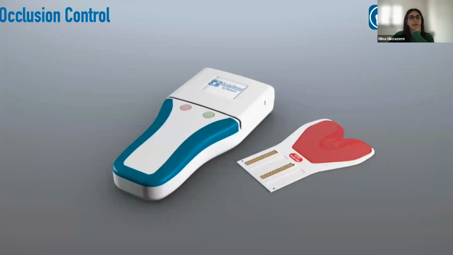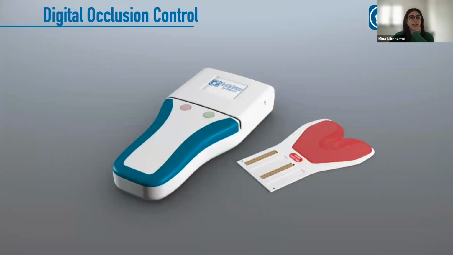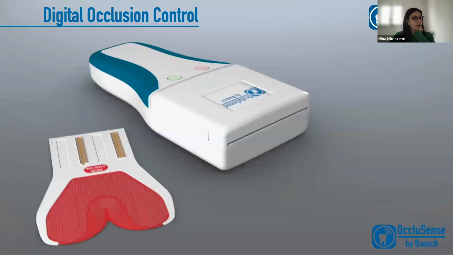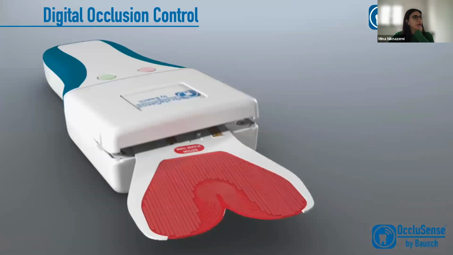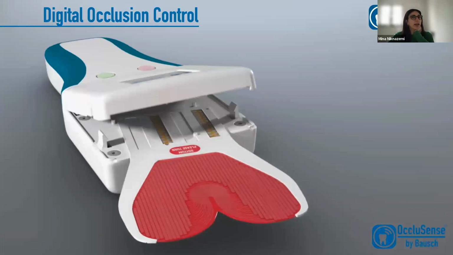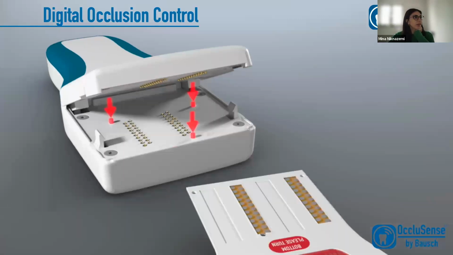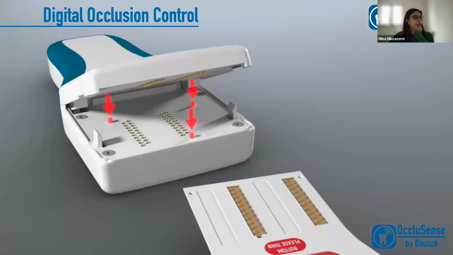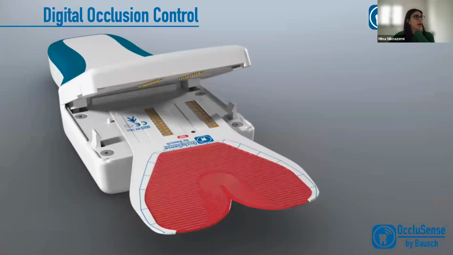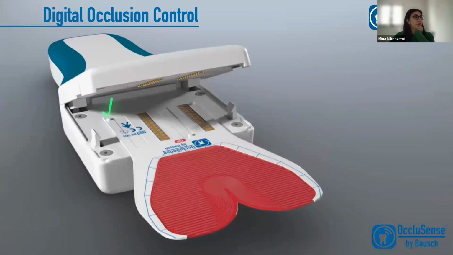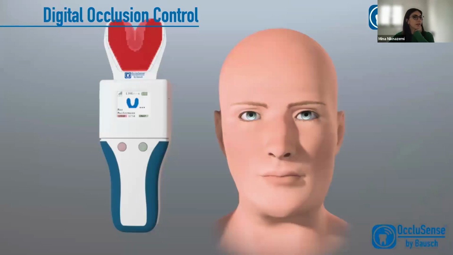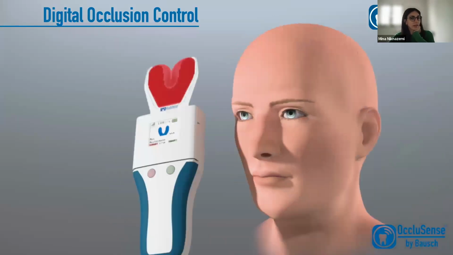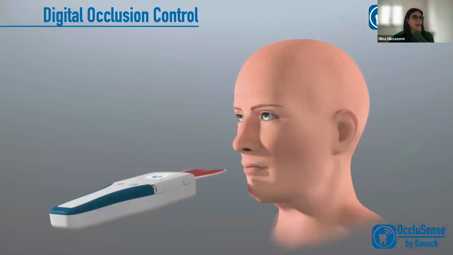And that's where OccluSense comes into play. It's occlusion in a digitalized manner where you use a wireless handheld, an electronic pressure sensor, and you can place this in the patient's mouth and record any movement that you want. As you can see in this visualization, there's an asymmetric design of the sensor where the pins of the handheld that go into the holes of the sensor can only be inserted the correct way around.